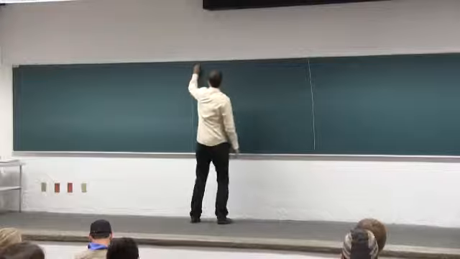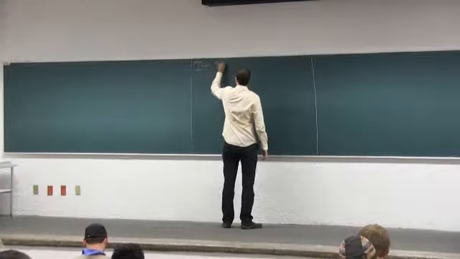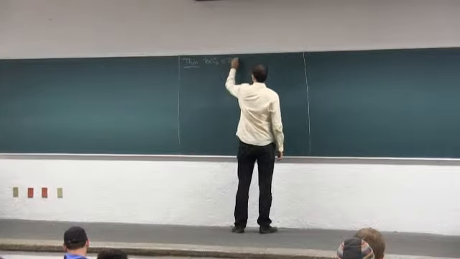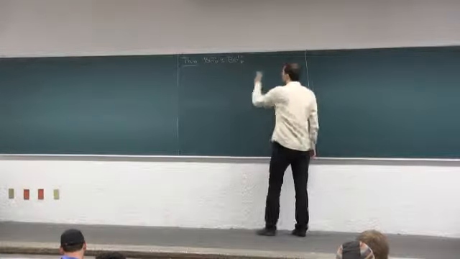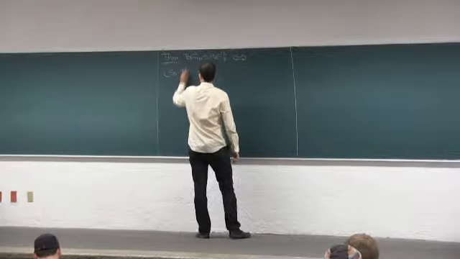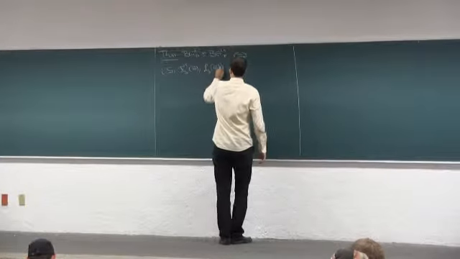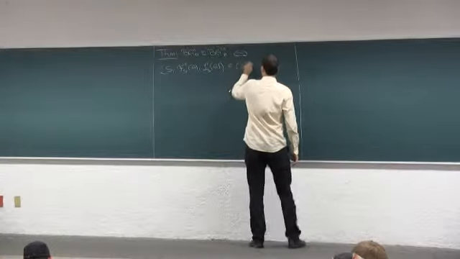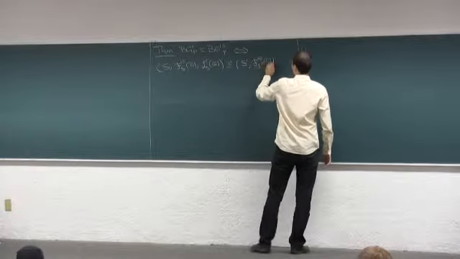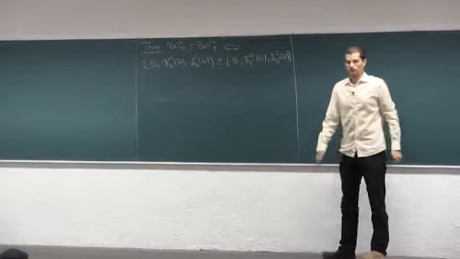Theorem. BG completed at P is homotopy equivalent to BG prime completed at P if and only if these triples were isomorphic.